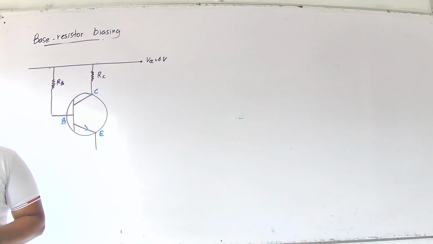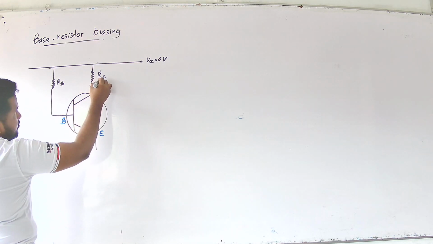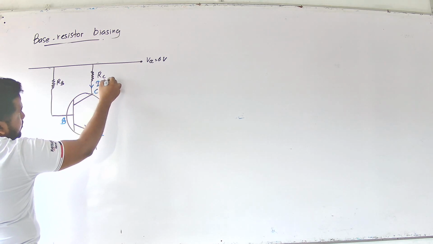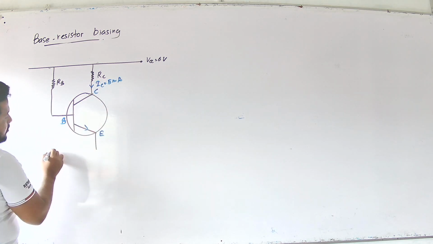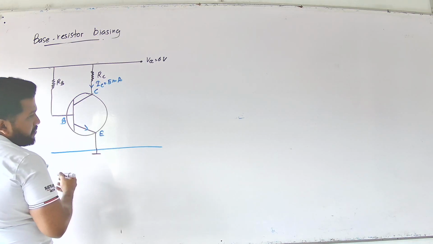IC equals 5 milliamperes. So this is the method.